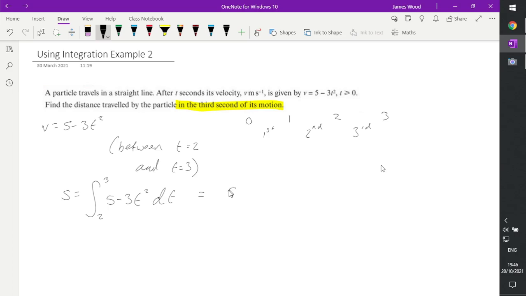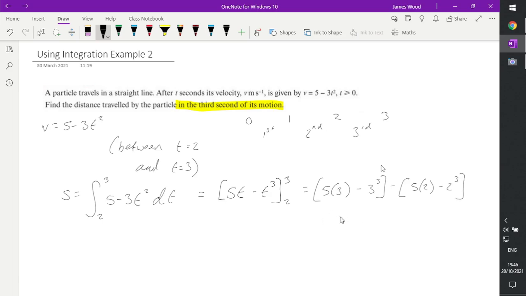So this is going to be 5t when I integrate it minus t cubed between 3 and 2. Substitute in your first point. Subtract second point. Then we can calculate each bit.